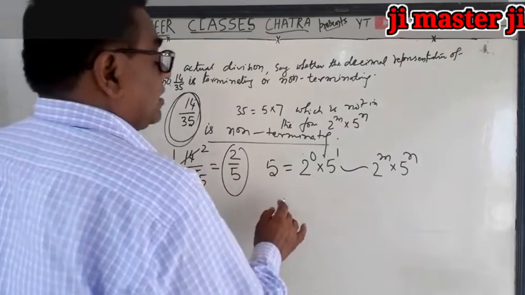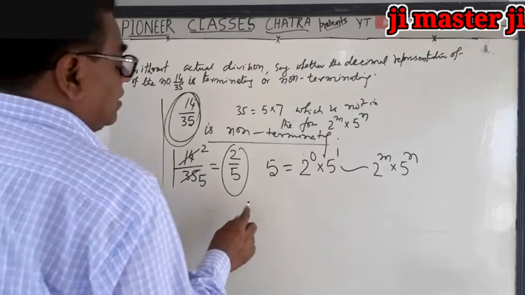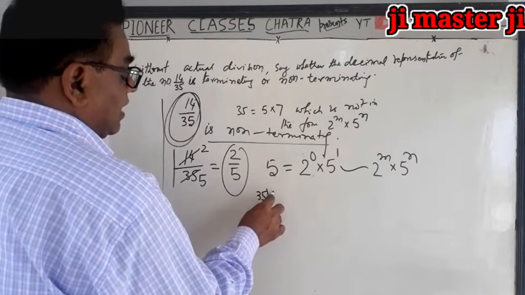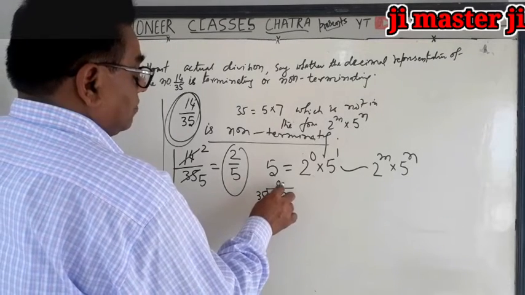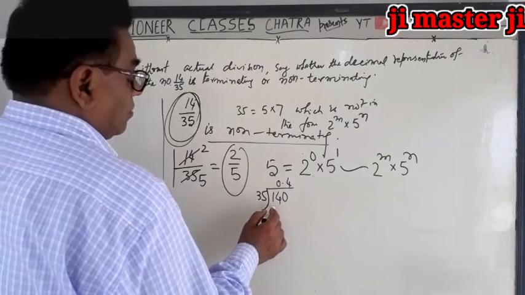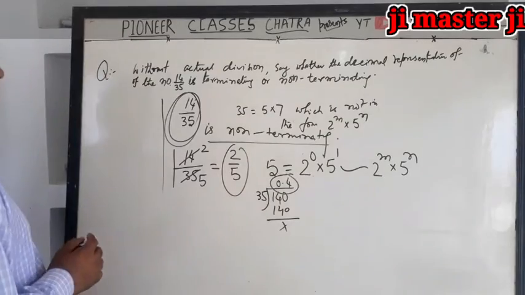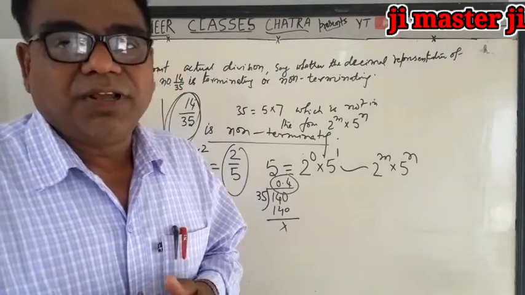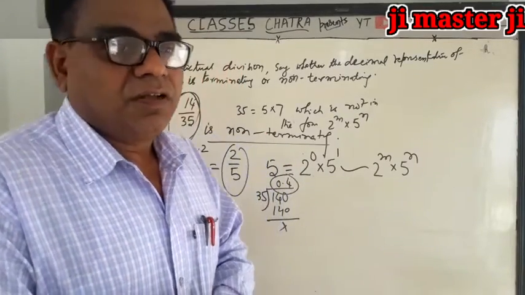We can check this number by actual division. So 35 divides 14 and we get here 0. We put a 0 and a point. This is 4. So this is terminating. So guys, always be aware while you solve this type of problem.